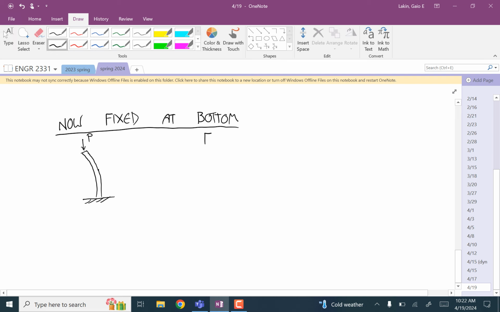And I'll draw a free body diagram of a cut from 0 to some value x. Okay.